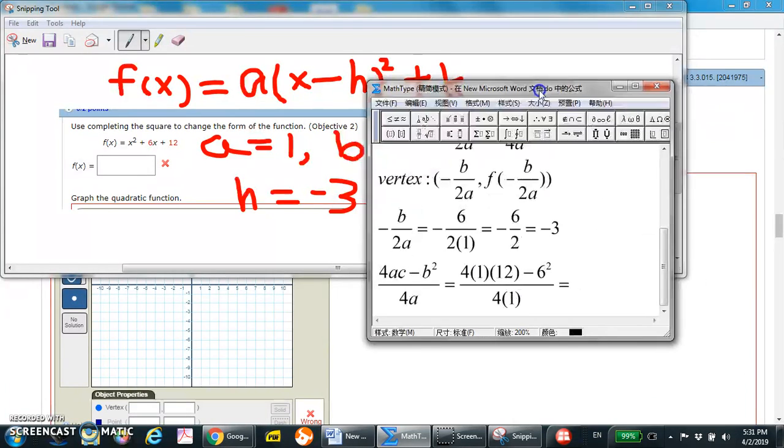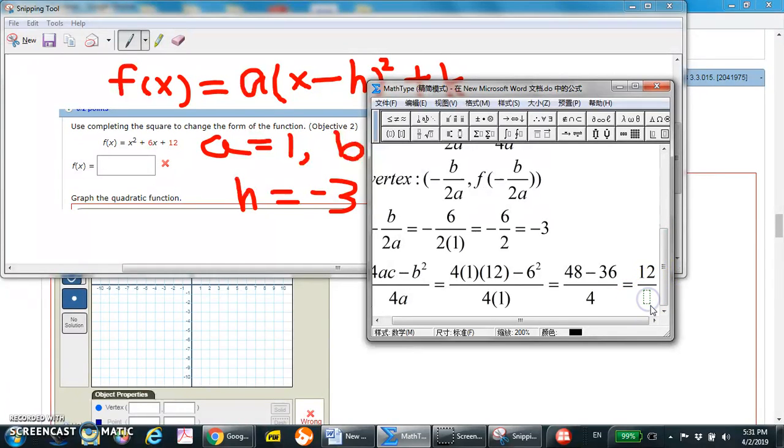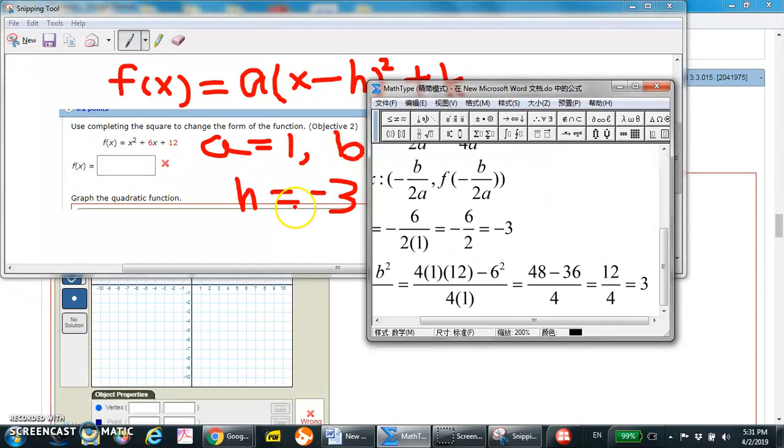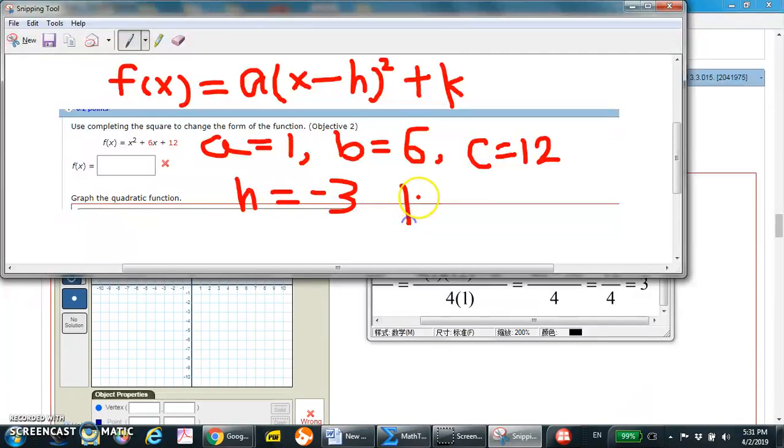This is equal to 4 times 12 is 48 minus 36 over 4. This is equal to 12 over 4. So that's 3. So therefore k is equal to 3.